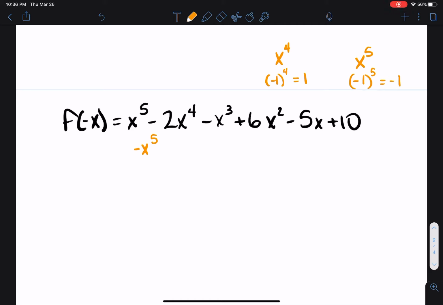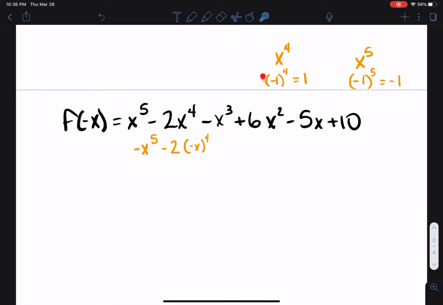Okay? So if this changes our sign, then we would say that negative 2, negative x to the 4th, if we would evaluate this, we know that this is going to be a positive number, right?